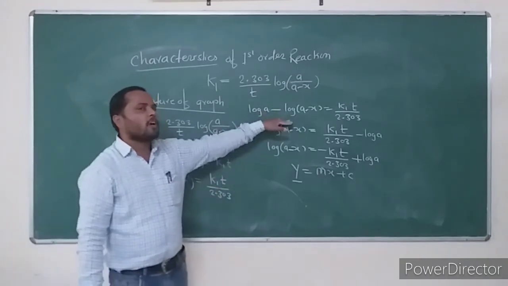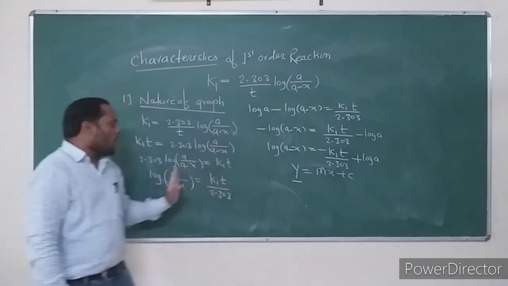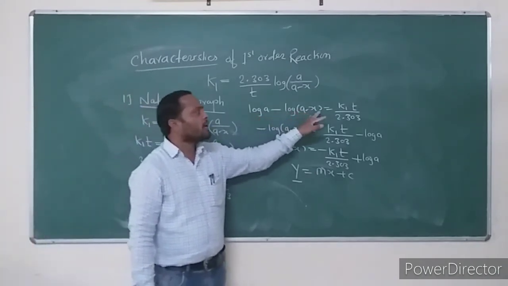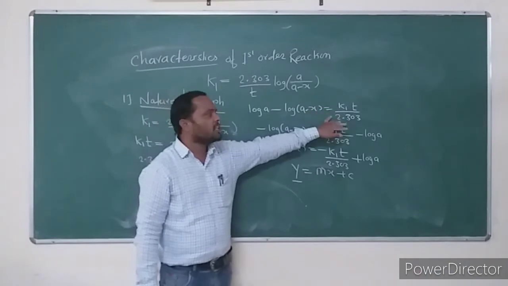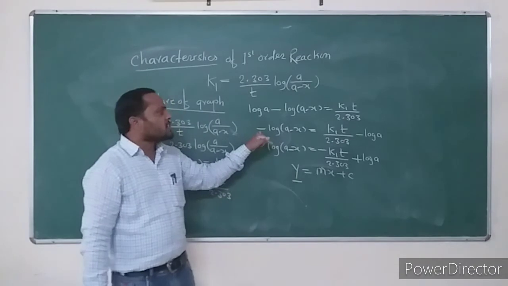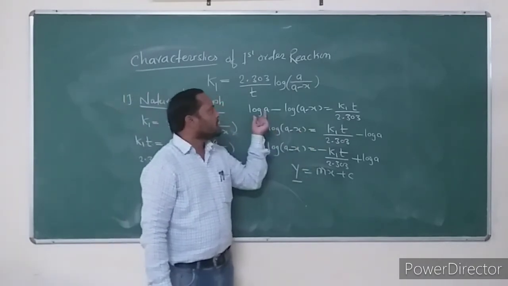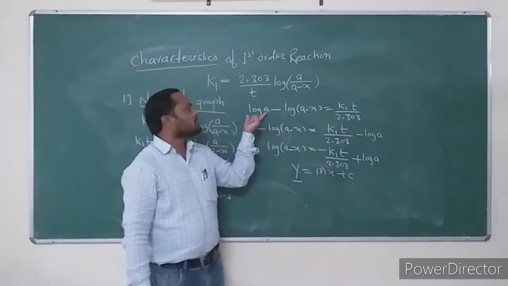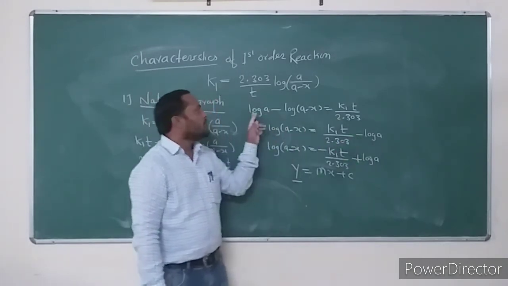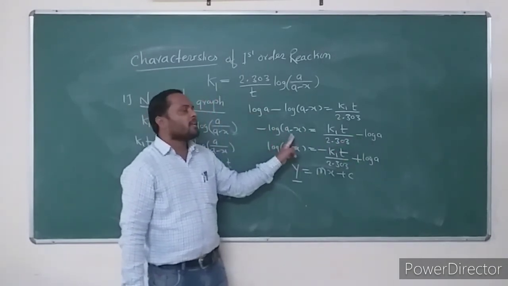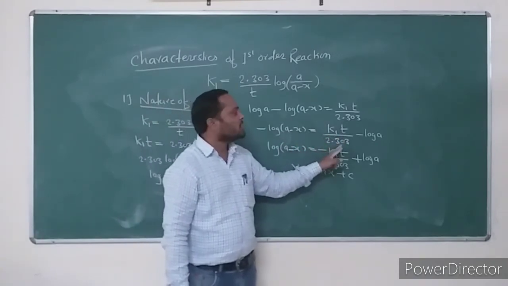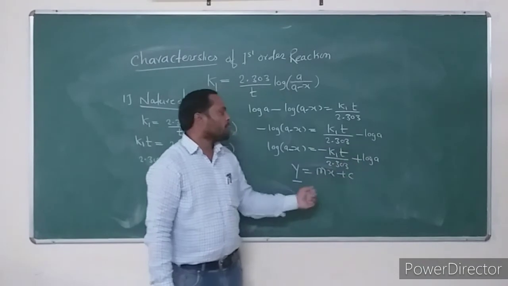Then using rules of logarithm, log a upon a minus x is equal to log a minus log a minus x, equal to k1t divided by 2.303. Then minus log a minus x is equal to k1t divided by 2.303 minus log a.